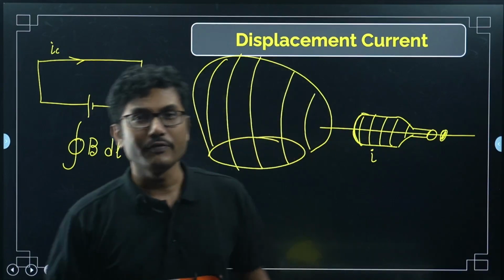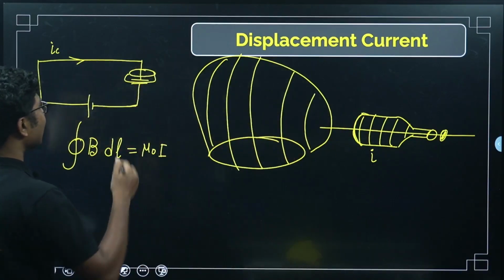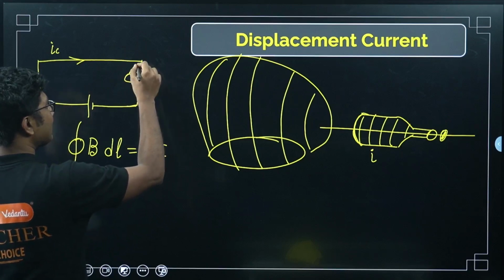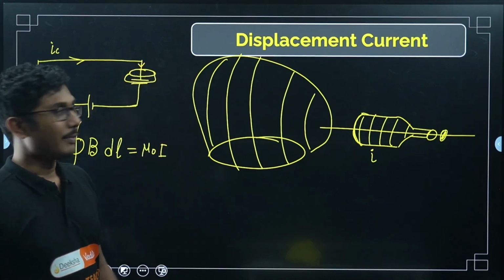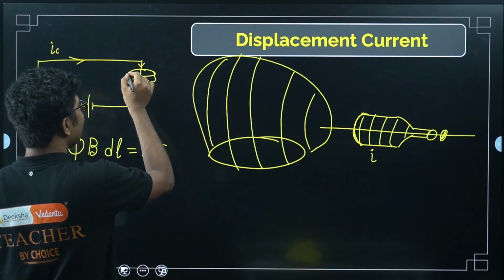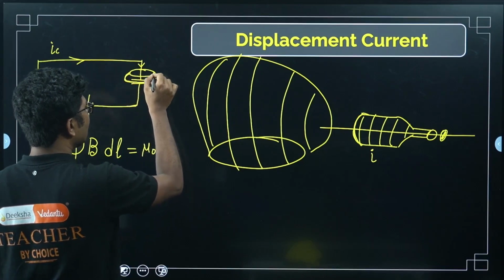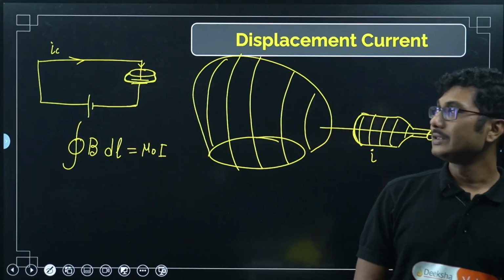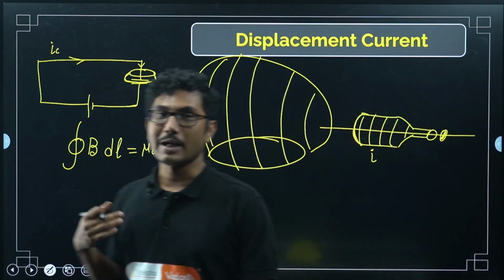But in the case of a capacitor, if you consider the outer surface, the current passing through is I. But if you consider the inner surface, there is no current passing through this. So there was a discrepancy, and this is called a paradox.